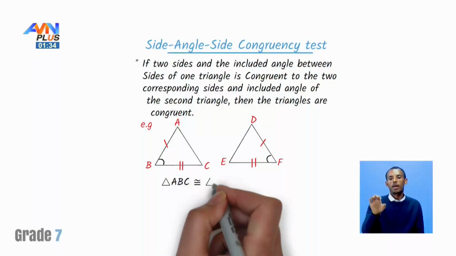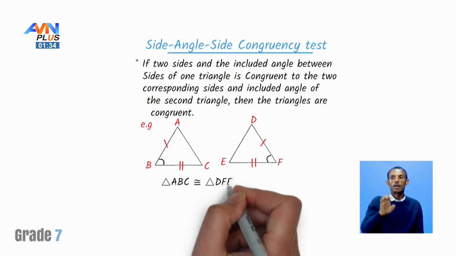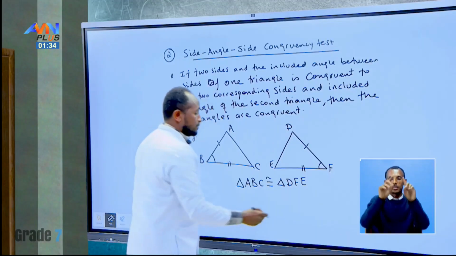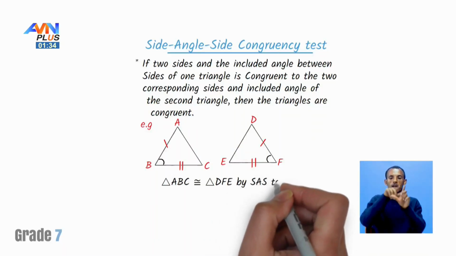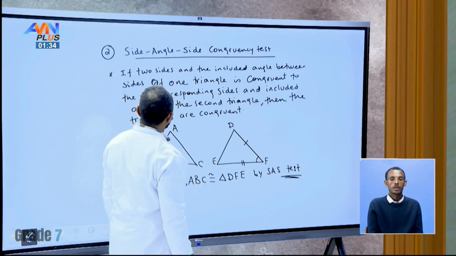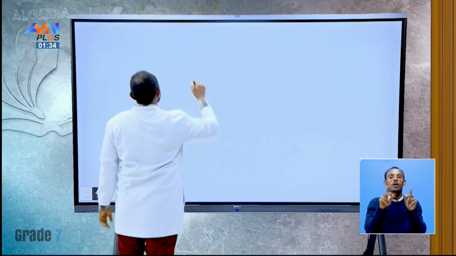Therefore, it is congruent to triangle DFE. We call this the side-angle-side congruency test. Now let's see an example.